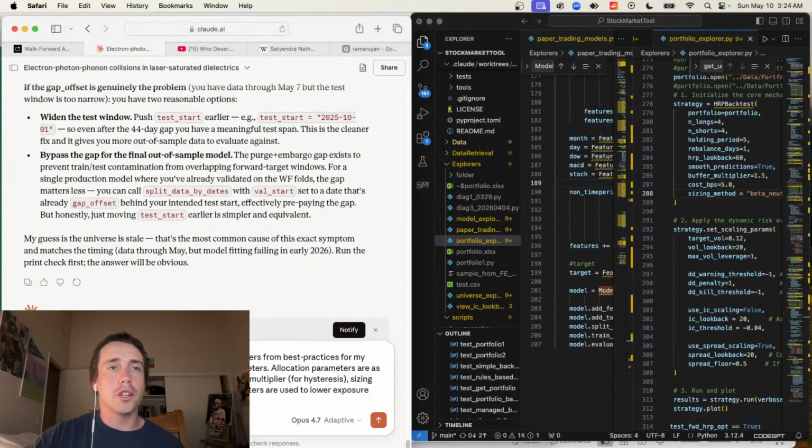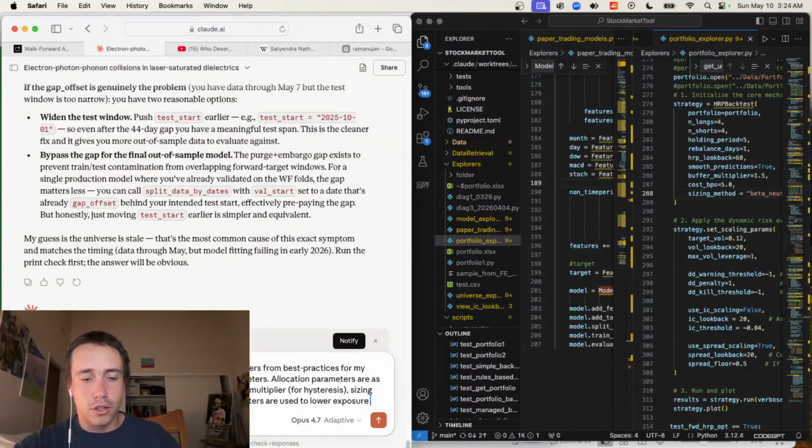The scaling parameters are used to lower exposure during times when the model may lose money, to minimize drawdowns and volatility, therefore maximizing the Sharpe ratio.